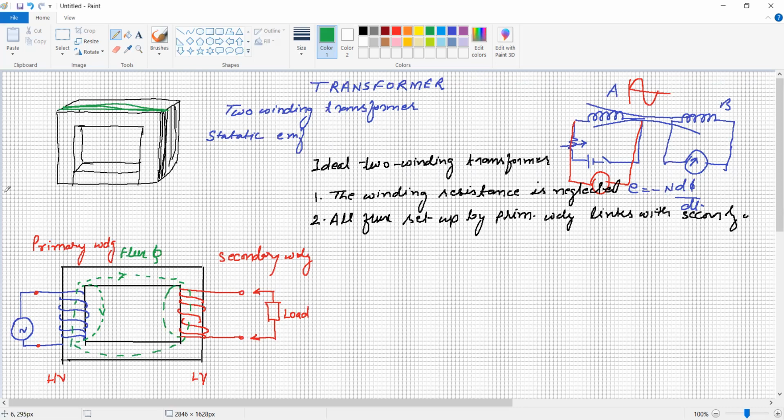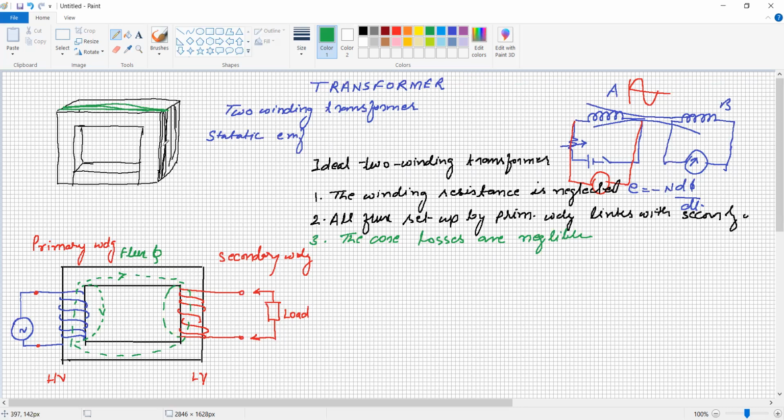Then the third point is that the core losses are negligible. Again, it is not realistic that the core has no losses.